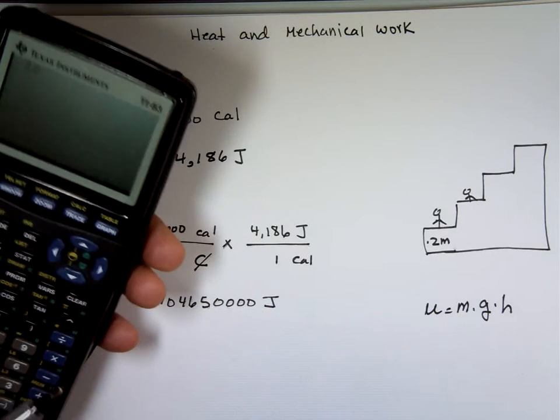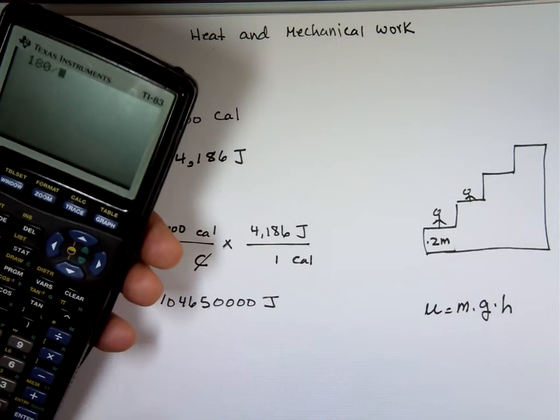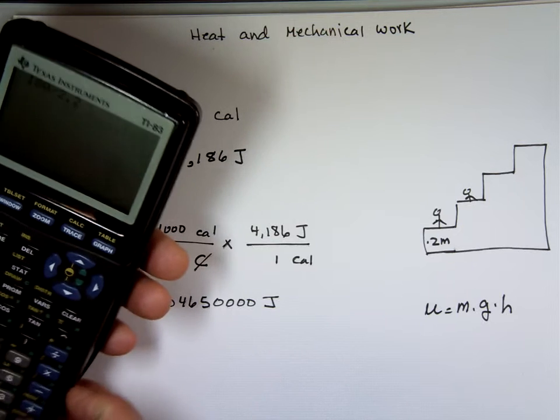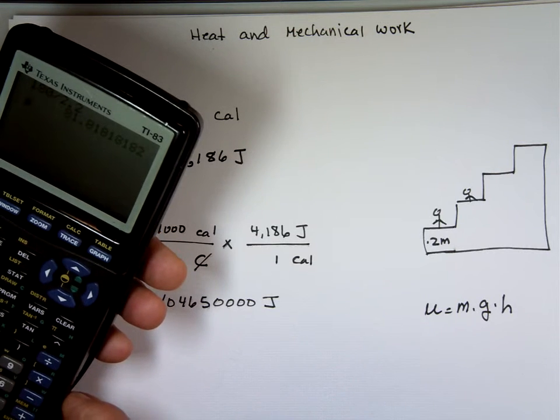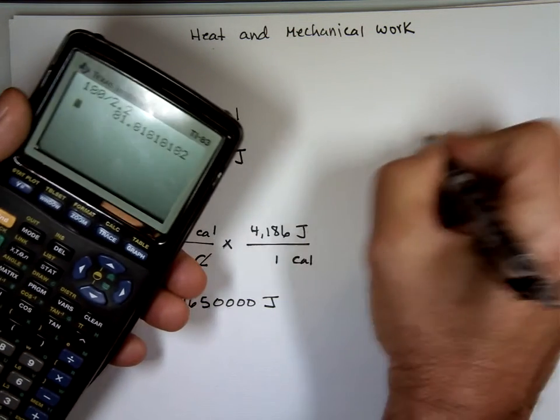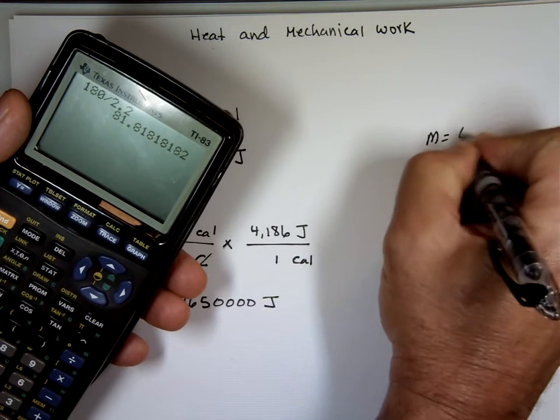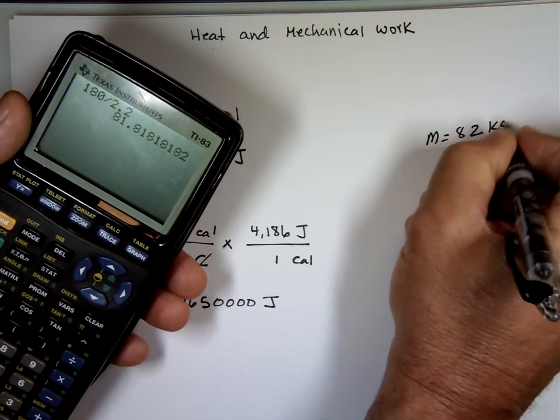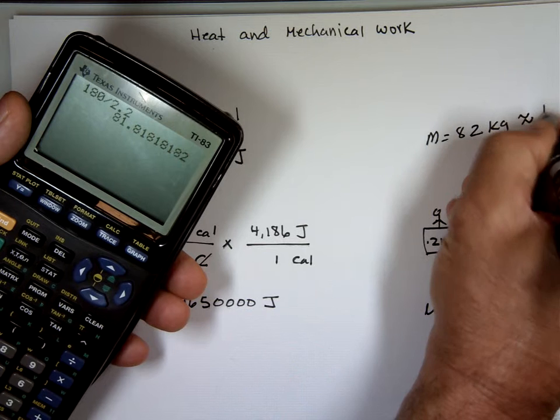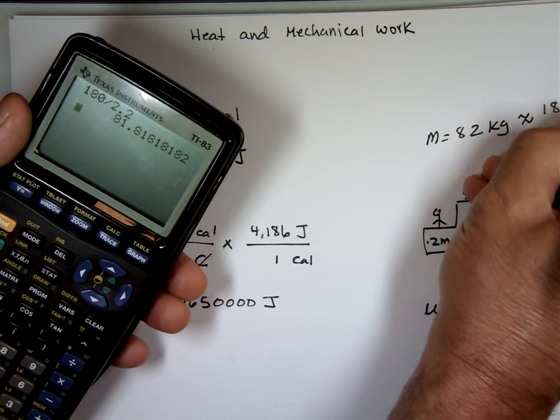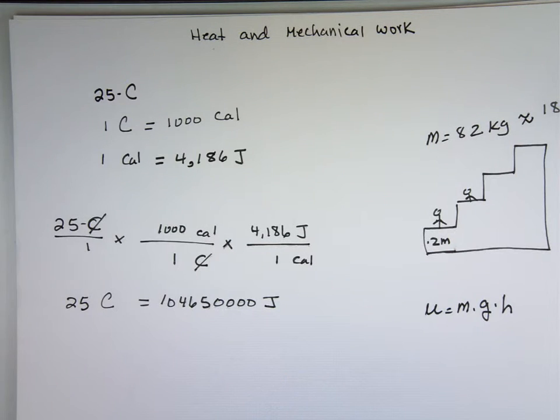So what's 180 pounds divided by 2.2 kilogram? That's almost 82 kilogram. Let's say the mass is 82 kilogram, which is approximately 180 pounds. How many stairs that person has to climb to burn those calories?